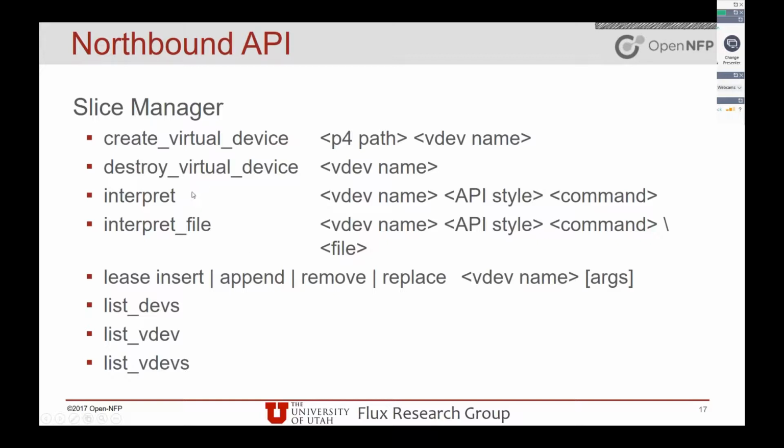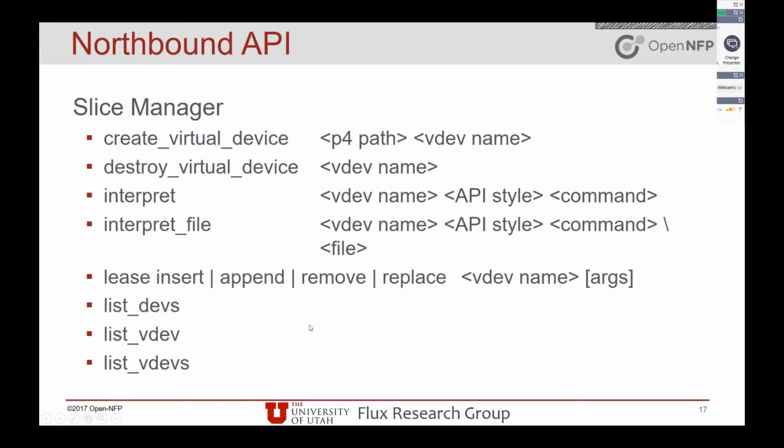We can define a bunch of these rules in a file and do it all at once. We have a variety of methods available for inserting, appending, removing, replacing the virtual devices within the service chain associated with that lease.